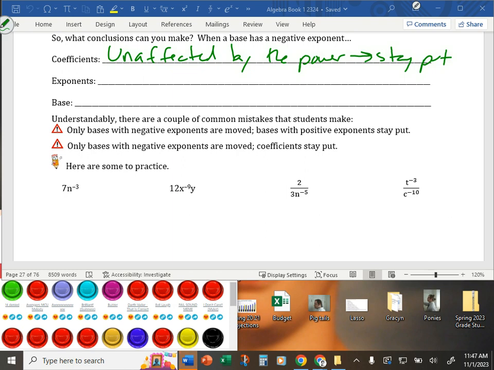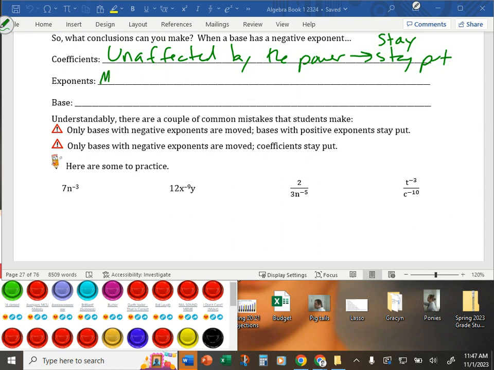They are not in the wrong part of the fraction. Stay put. Okay. Exponents, because they're negative, the reason why they're negative is they're in the wrong part of the fraction, right?